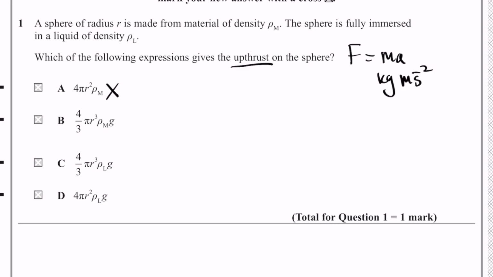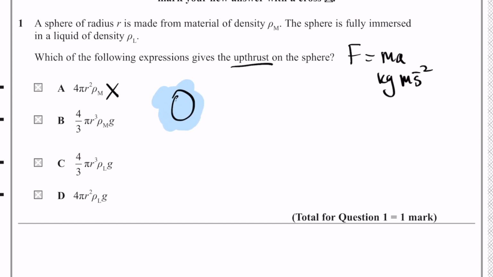And now I have improved my odds massively if I was to guess. We could even increase our odds to 50-50 just by doing a little bit of thinking. Now imagine that I have a sphere and it's surrounded by some sort of a medium. Let's say it's in water.